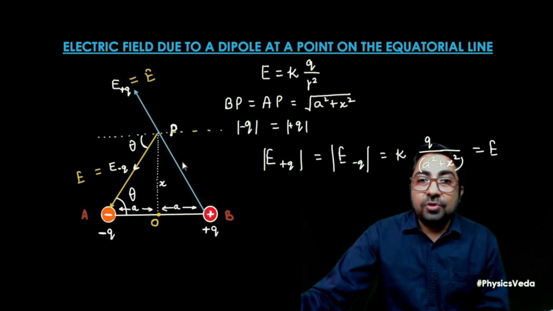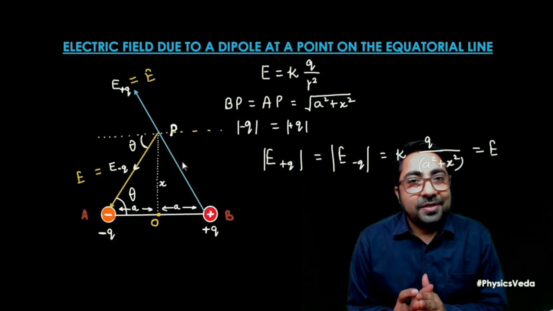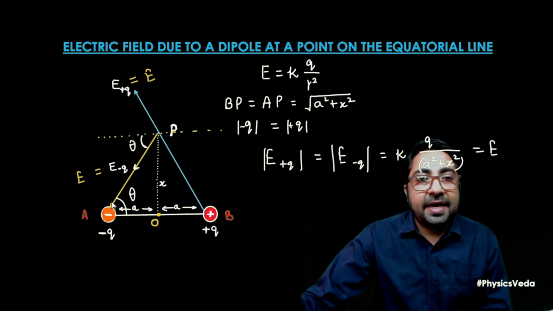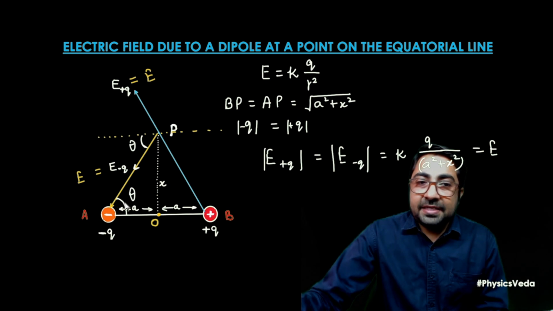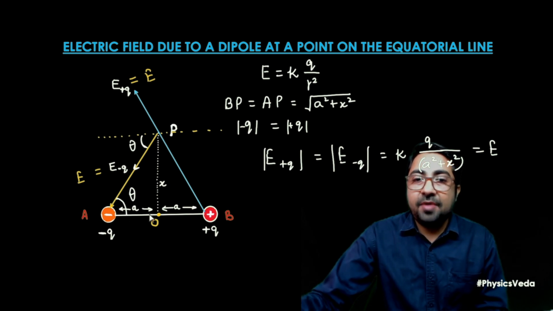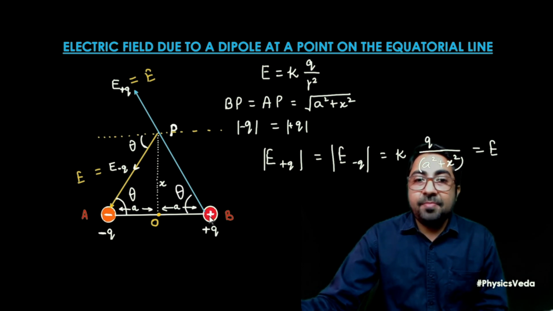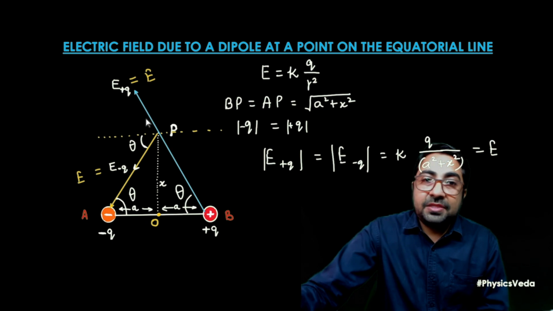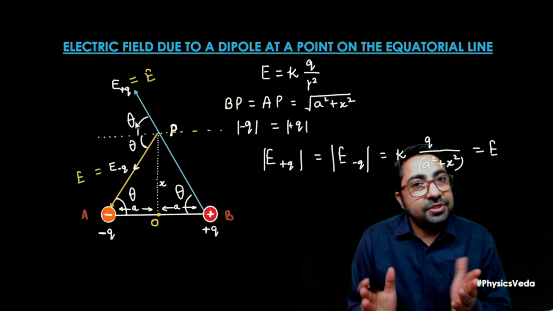Since both the sides, that is BP and AP, are equal, so this triangle is an isosceles triangle. So here, if this angle PAB is theta, then angle PBA is also theta. When PBA is theta, then this angle is known as the corresponding angle. So this is also theta here.